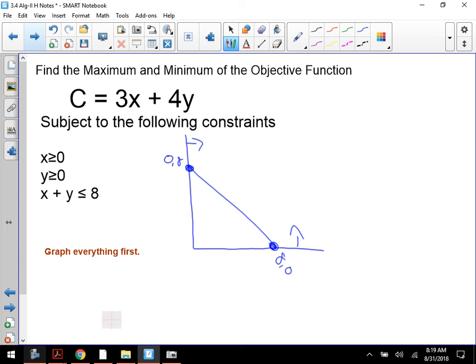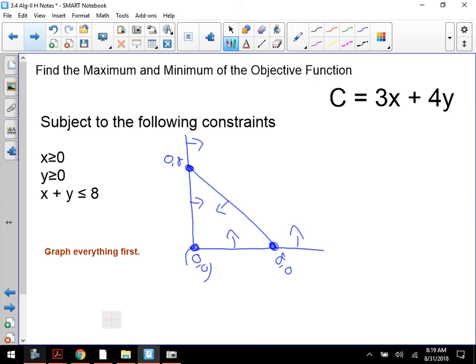Does this one graph towards 0 or away from 0? Towards 0. So that means it's moving inward here. So what do I have to label that ordered pair in the corner? 0, 0. In this case, I have 3 points of inflection. What are the 3 ordered pairs you have to check? 0, 0; 8, 0; and 0, 8.